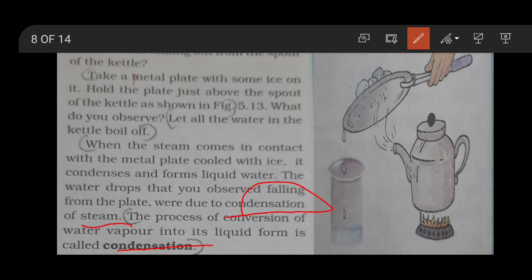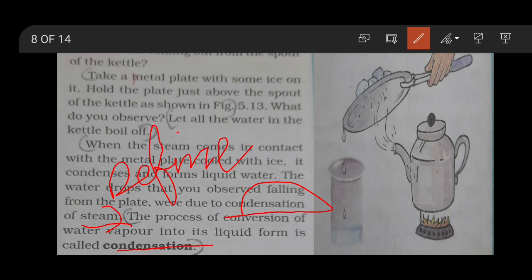Let's see the definition. The process of conversion of water vapor into its liquid form is called condensation. Okay?